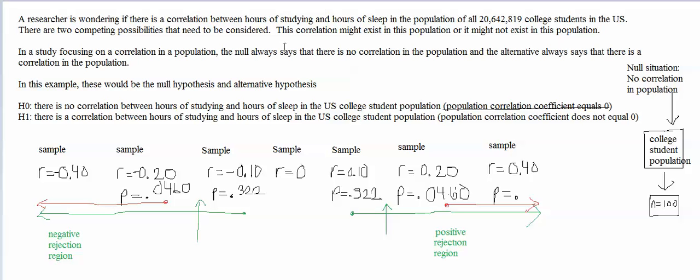So outcomes in the positive rejection region are unlikely if the null is true and there is no correlation in the population.